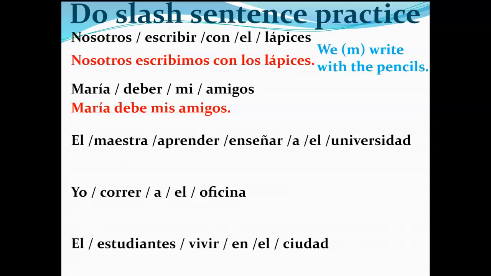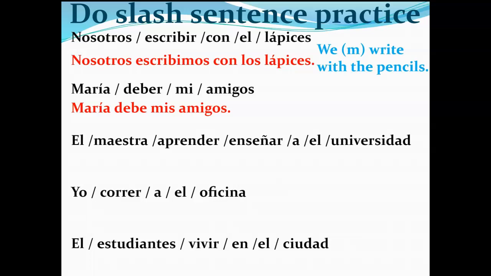All right, the next one is longer, but you do the same thing. So maestra is your subject, universidad is your noun, so don't change those two. And you only conjugate a verb that the subject is doing. So pause the video and try to do this sentence. All right, so maestra stays the same, so la has to match maestra. Aprender, conjugated for a she, is aprende, and then you leave enseñar because that is part of your stuff.